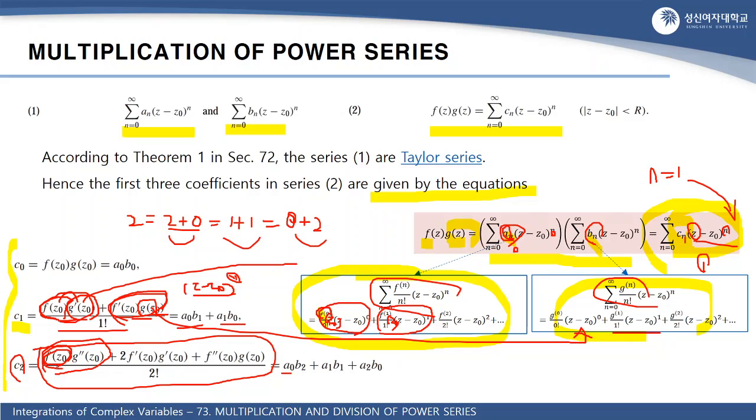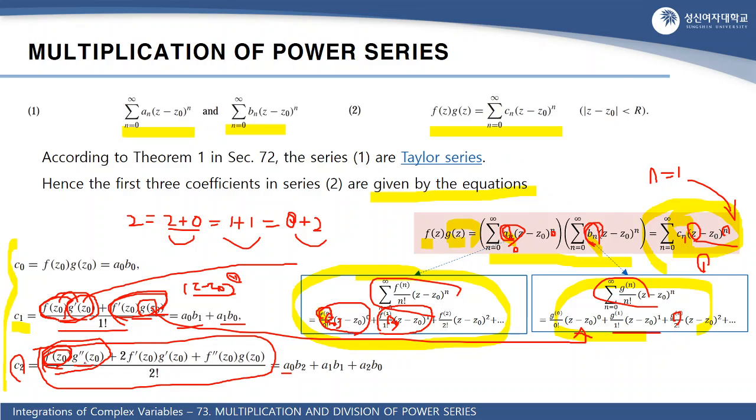Actually it's the same as f(z_0), and this term comes from this, because b_n involves the second derivative of g in the Taylor series expansion.